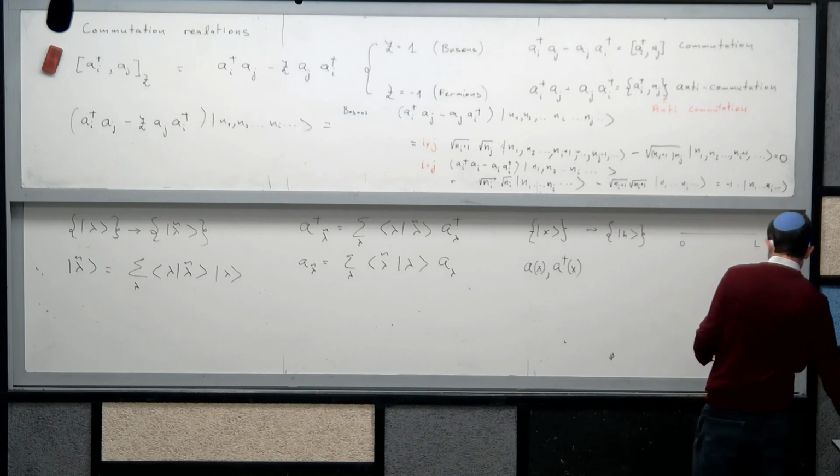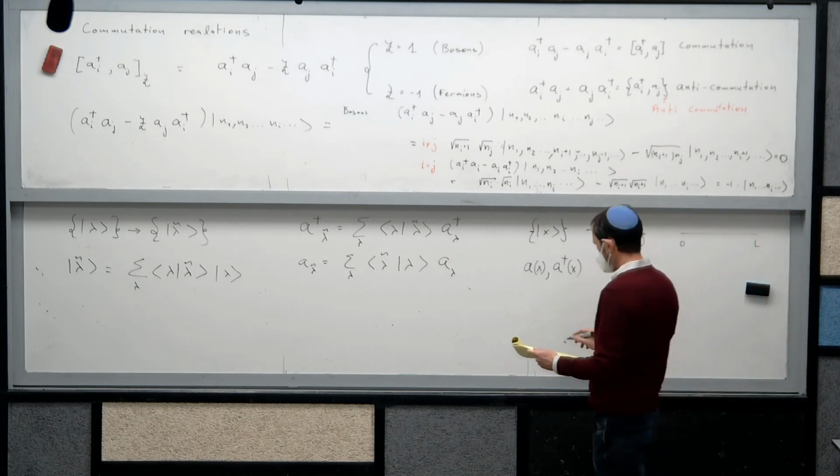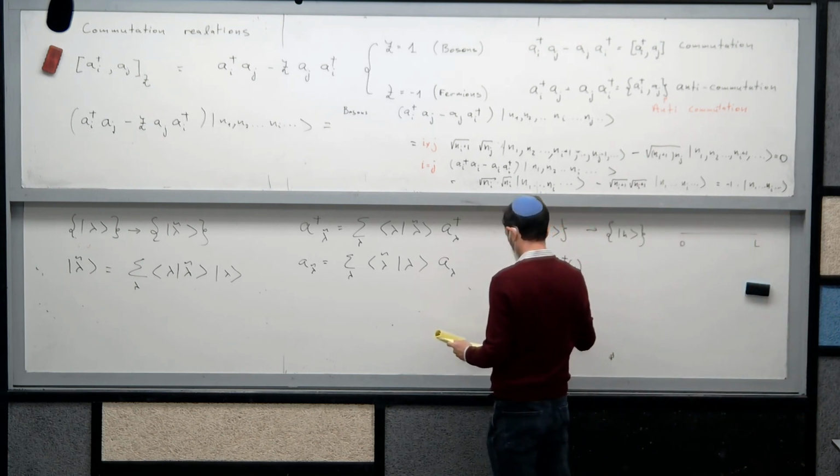So how do I write these operators in K space?